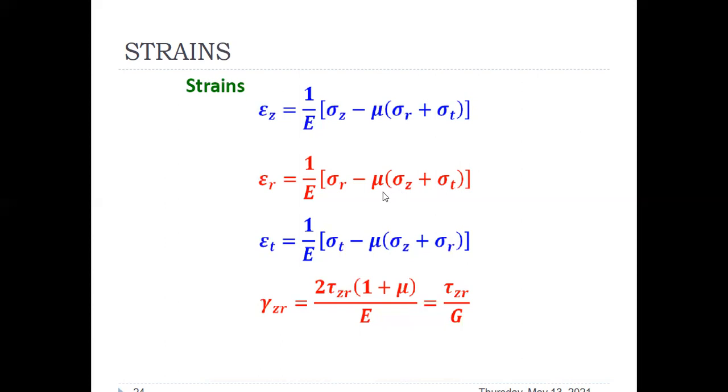So the stress in the other direction will actually reduce the magnitude of radial stress in that particular direction. And this is what? It's a bulk modulus, and it is dependent upon TZR over G. And you know what is G.